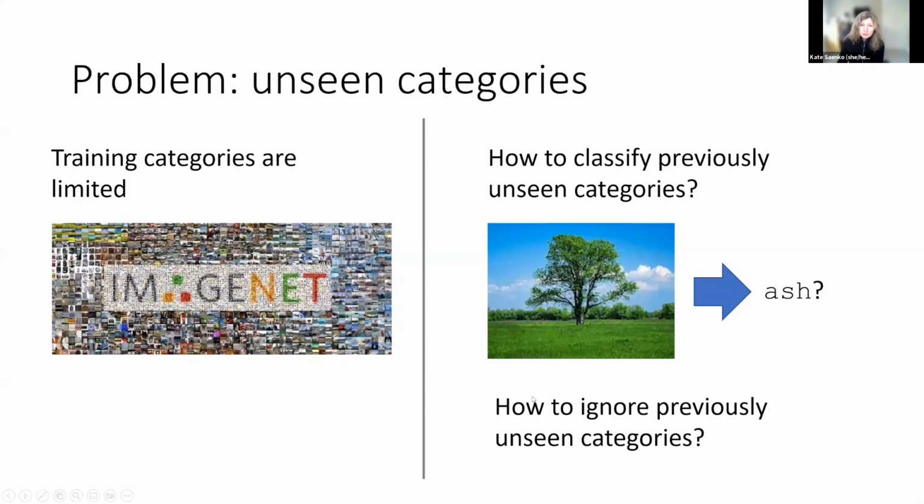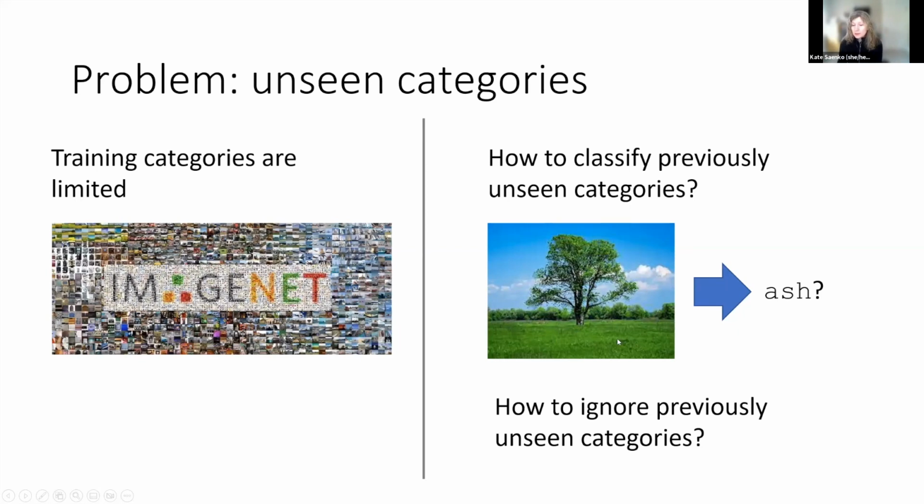And then another problem I want to talk about is unseen categories. Here we have a certain number of categories we're training on, such as the 1,000, let's say in ImageNet, but at test time, we get some previously unseen categories. And then we want to classify them, even though we hadn't been trained on them.